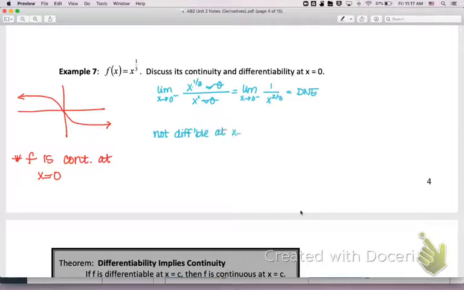at x equals 0. Now, why would that be? What happens when you have a slope of a tangent line that is 1 over 0? What this means is we have a vertical tangent line. That has undefined slope.